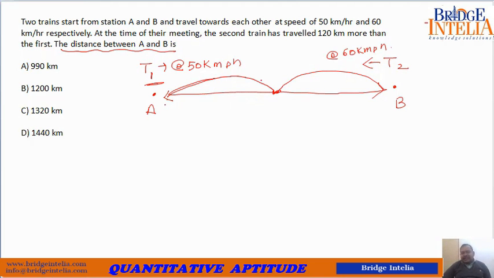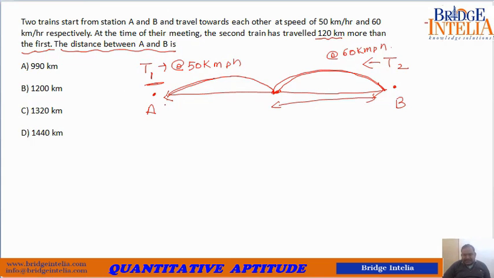So it is said that when they met, it was observed that the second train's distance is 120 kilometers more than the first distance. This is what is given.